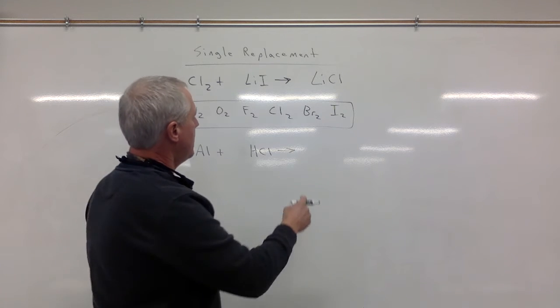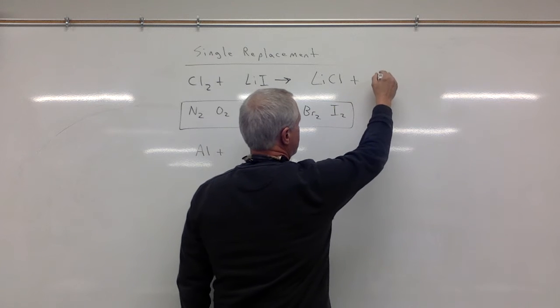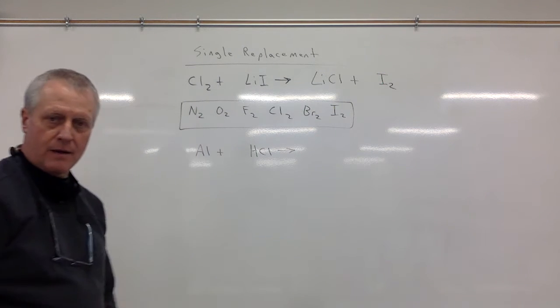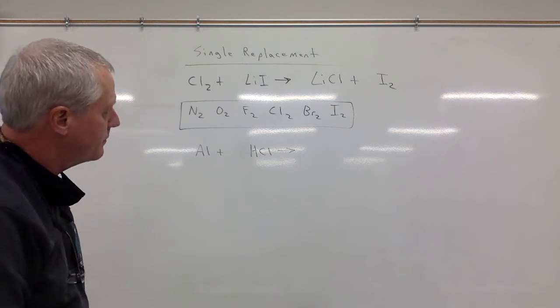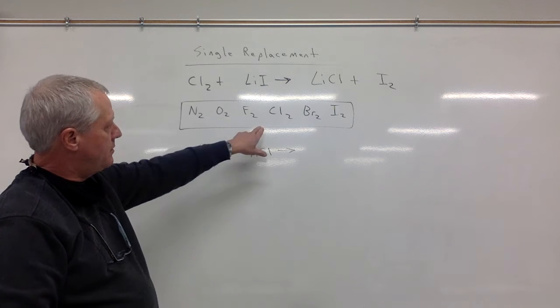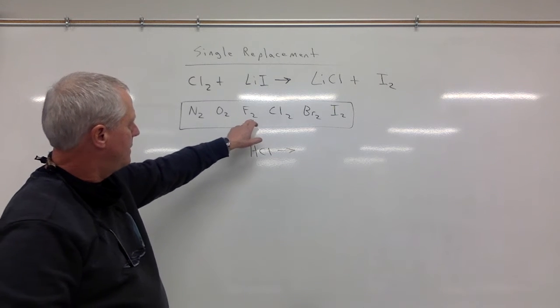Now, iodine is a halogen, so it's going to form the diatomic molecule.